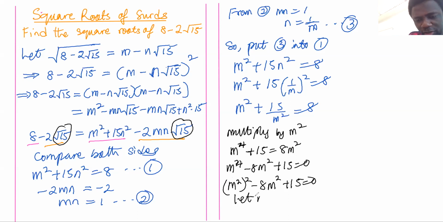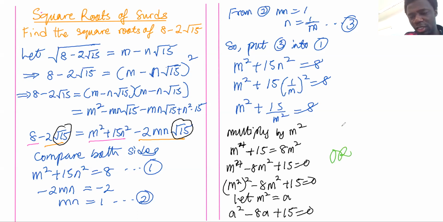Introduce a new letter. Let m squared be a. So you have a squared minus 8a plus 15 is equal to 0. Can you see that? Alternatively, instead of doing all this, from this point, you can say let m squared be equal to a.